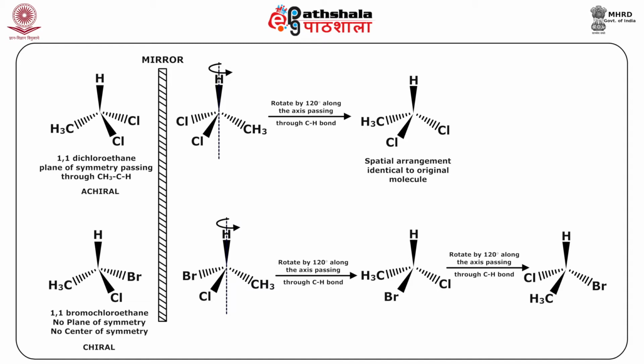To add to this further, to test the superimposability of both with their respective mirror images, we will rotate along the axis passing through the CH bond. The spatial arrangement of the mirror image after rotation in 1,1-dichloroethane is identical to the original molecule, but no similar observation can be made in case of 1-bromo-1-chloroethane. To conclude, 1,1-dichloroethane is achiral, whereas 1-bromo-1-chloroethane is a chiral molecule.